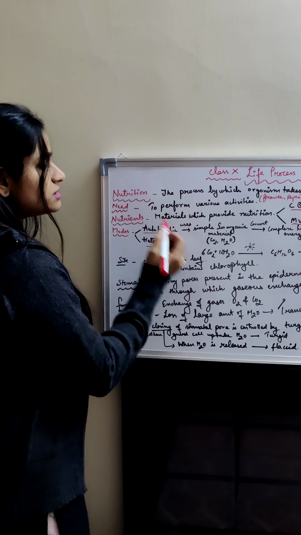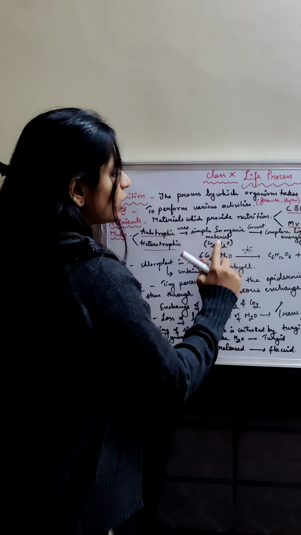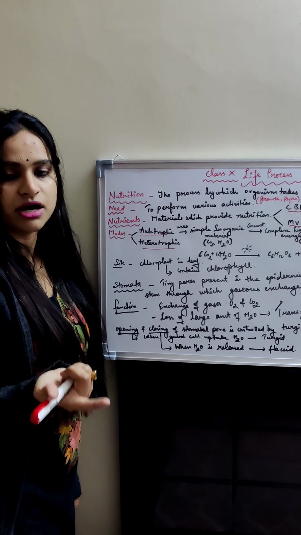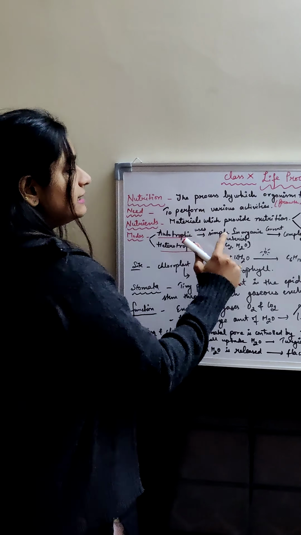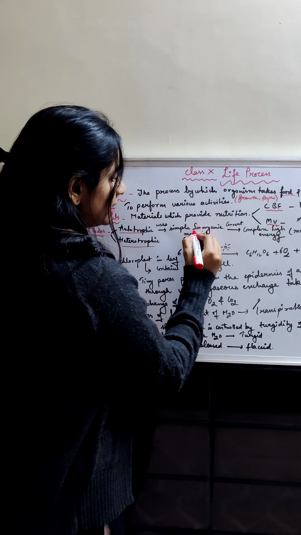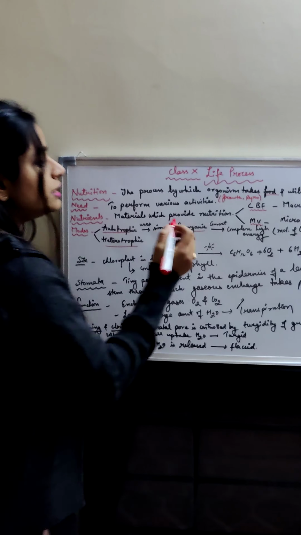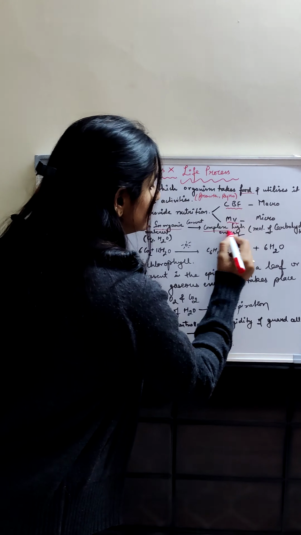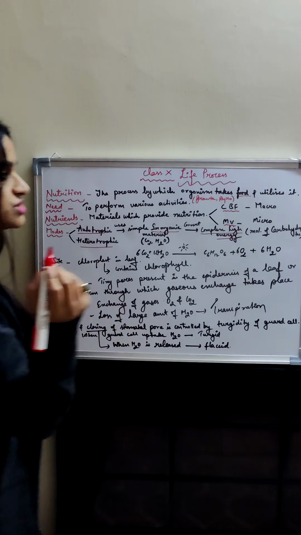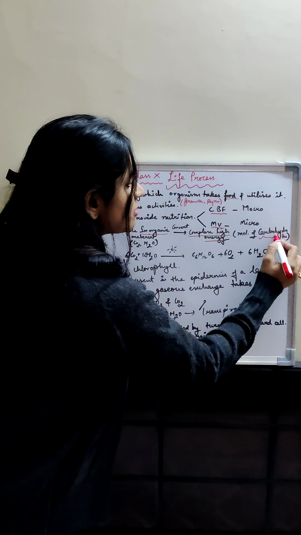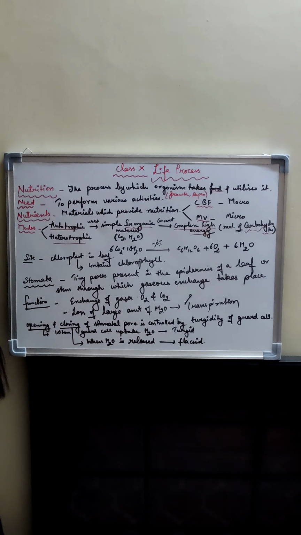So what do they do in this? They use simple inorganic material like carbon dioxide, maybe water, and they convert this inorganic material, which is very important, you have to learn this particular thing, into complex high energy. Complex high energy means maybe in the form of carbohydrates. Okay.